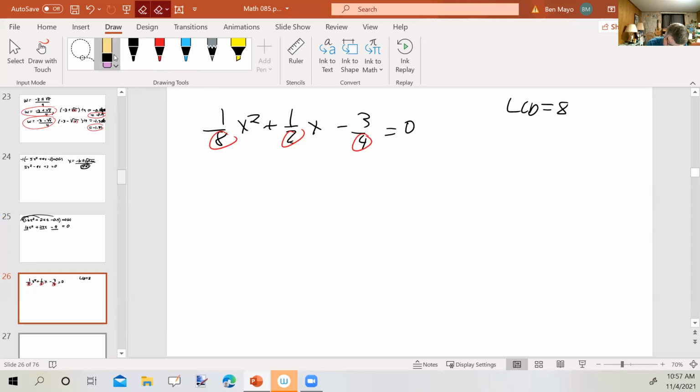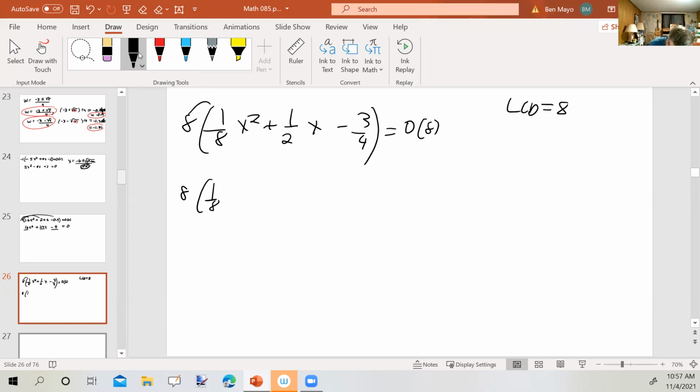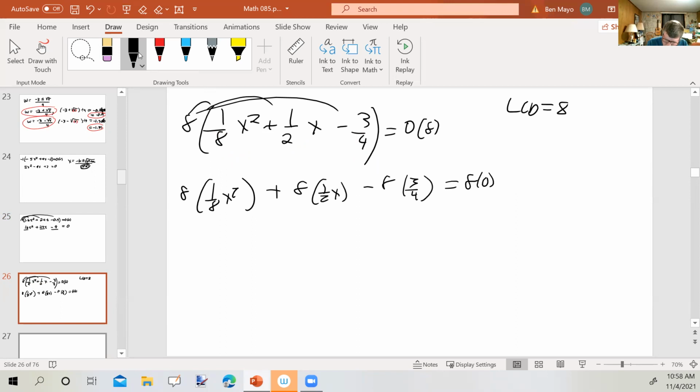And then if we multiply each side of the equation by that LCD, we get the following: 8 times 1/8 x squared plus 8 times 1/2 x minus 8 times 3/4 equals 8 times 0.